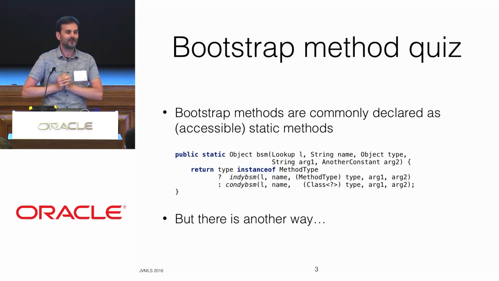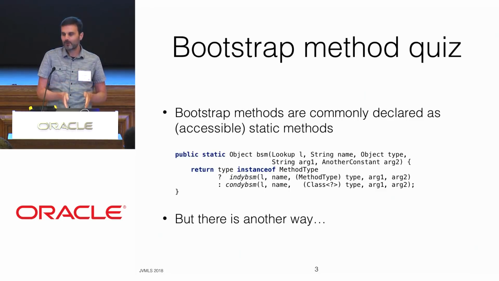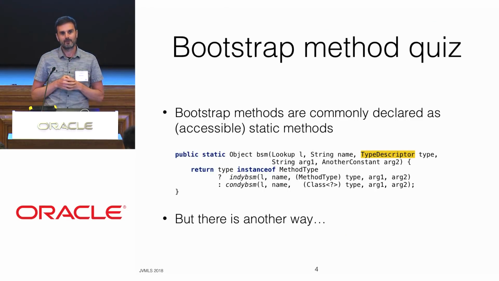I don't expect people to do that, but it gives you an understanding of how Bootstrap methods are invoked, essentially. Going forward, we could do better than that. What happens if we could replace that with a better top type, like something like type descriptor? That gets into a bit of what Brian will talk about with his API. And bytecode utility, things like ASM, I think, could use this type of thing as well.